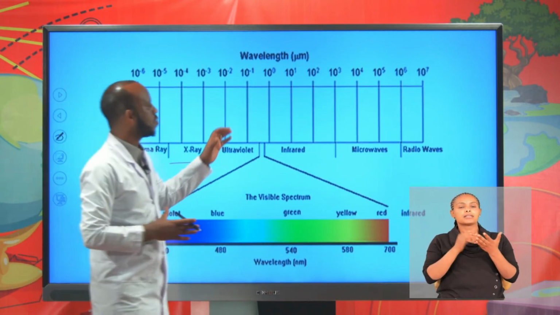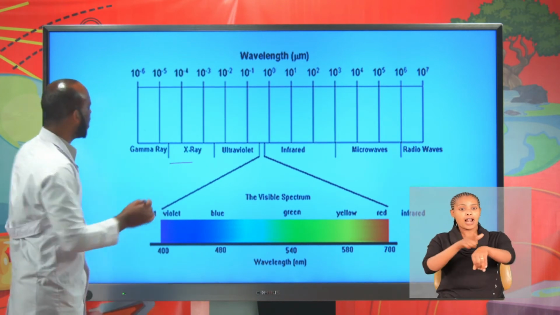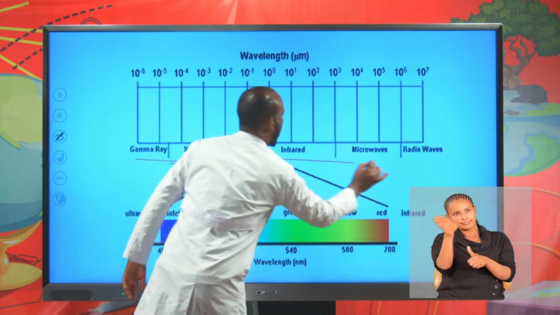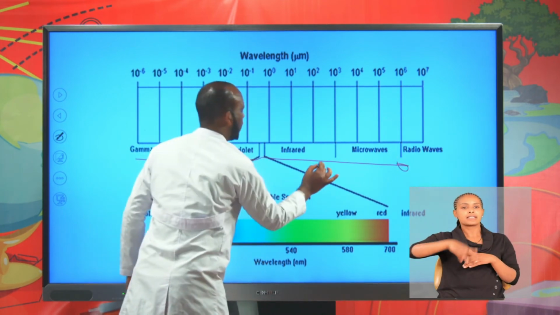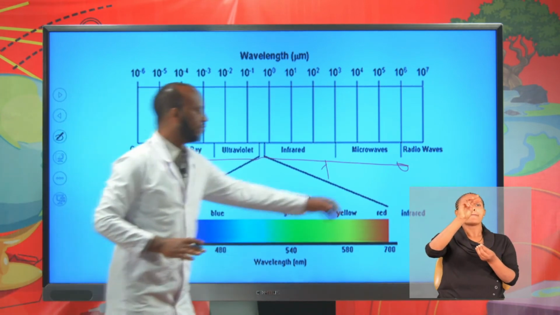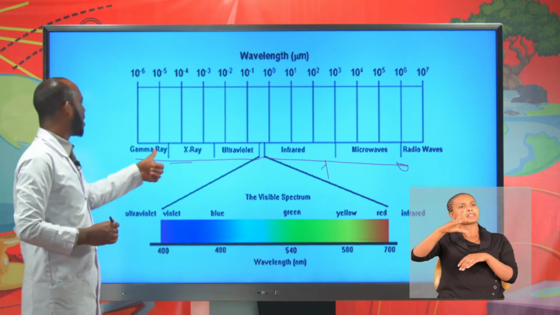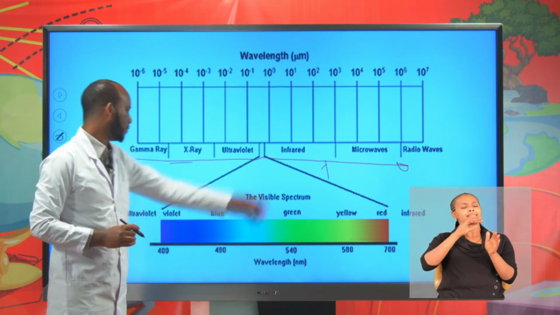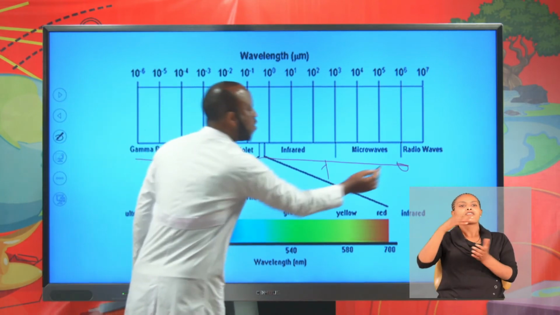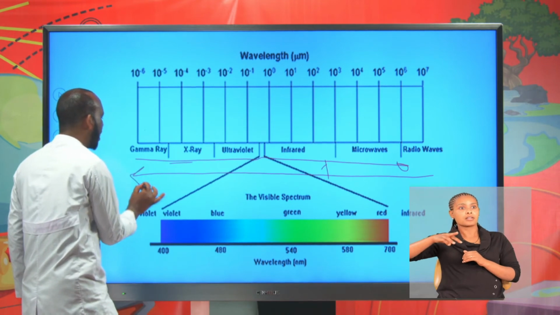This is the electromagnetic spectrum. Wavelengths increase in moving from gamma ray toward radio waves. Therefore, radio wave has the highest wavelength, whereas gamma rays have the smallest wavelength. Frequency increases in moving from radio waves toward gamma rays.